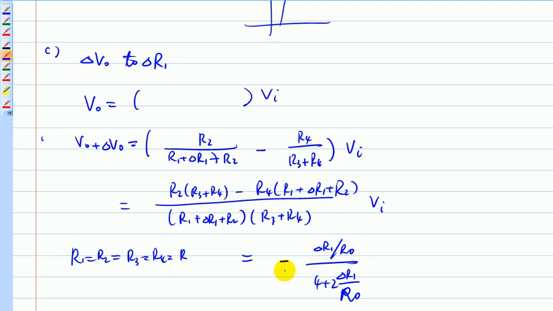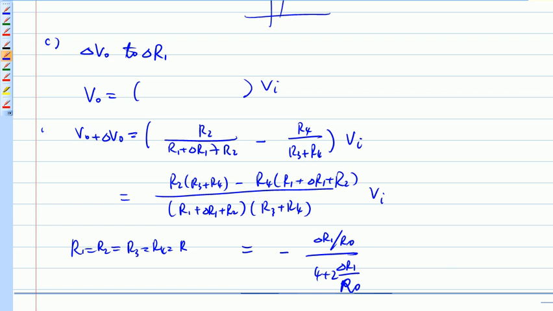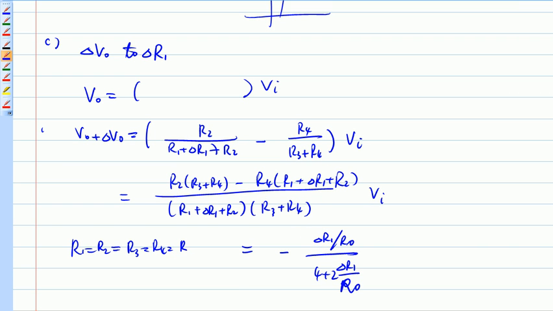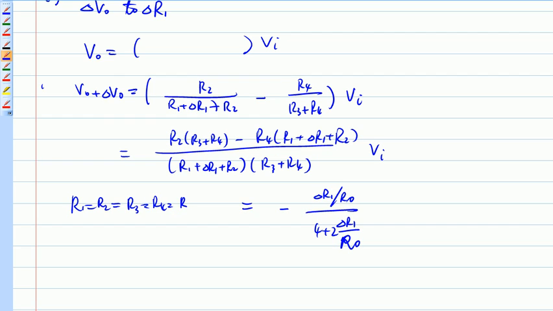Don't forget the negative sign. This means that a positive change delta R1 actually ends up with a negative voltage drop here. Because initially balanced VO is 0, that's how you get delta VO equal to this.